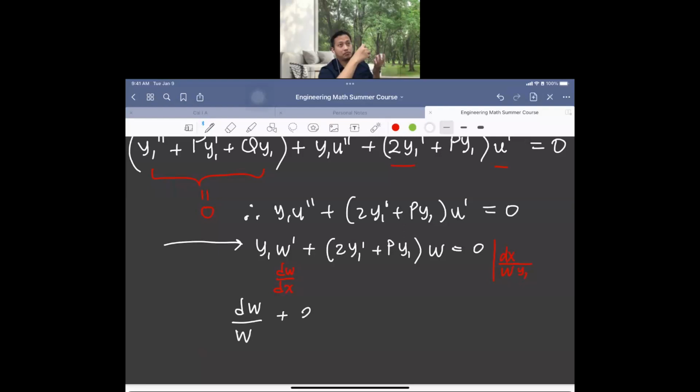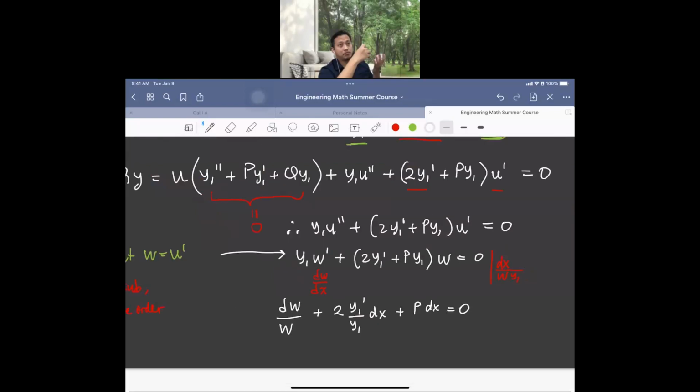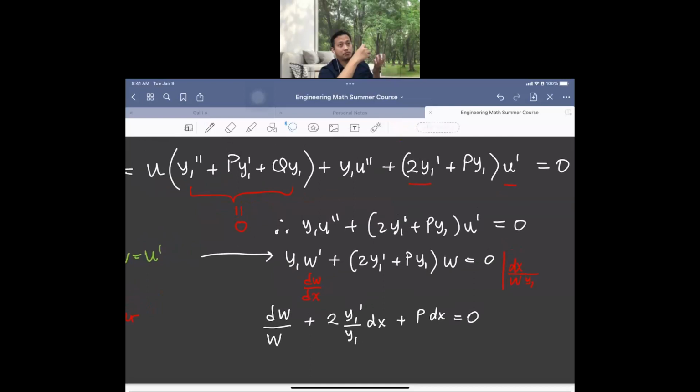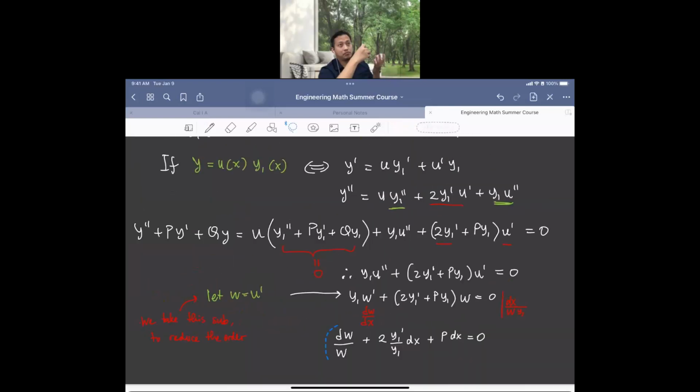So dw over w, plus 2 y1 prime divided by y1 dx, and plus p y1 w is cancelling, so p dx equals 0.